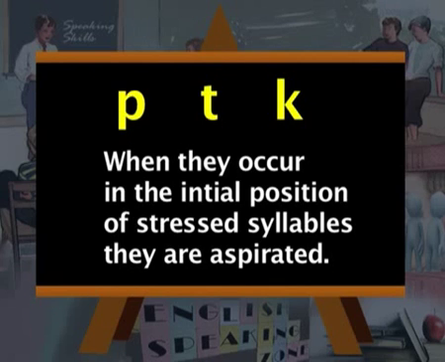It's a very important rule for us to keep in mind. P, T and K, when they occur in the initial positions of stressed syllables in English, they are aspirated. What do we mean by this? Aspirated simply means they are said with a greater breath force.